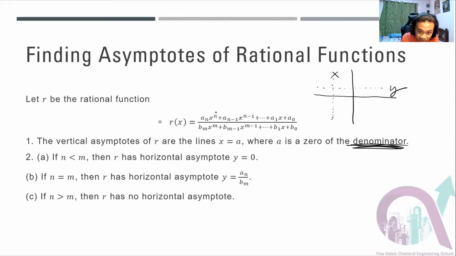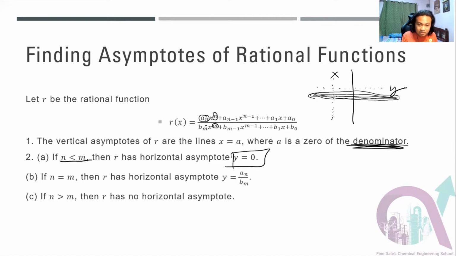You just look at these values, n and m. If n is less than m, then r has the horizontal asymptote at y equals 0. Not the origin, but this line, which is y equal to 0. Okay? If n is equal to m, then r has a horizontal asymptote at the ratio of the leading coefficients.